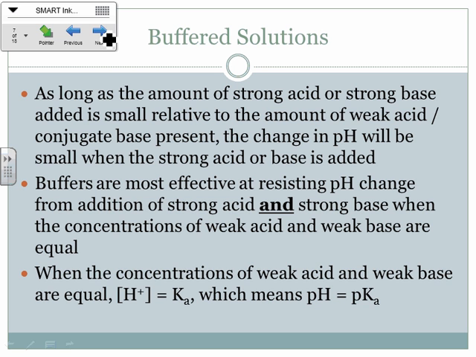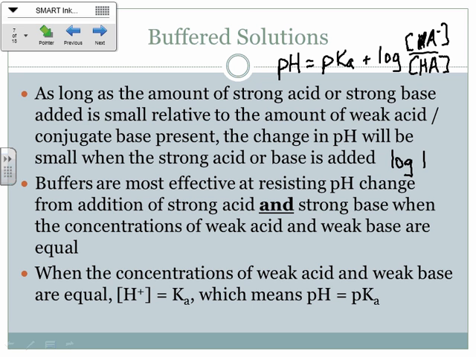So if you think about the Henderson-Hasselbalch equation, if the A minus and HA concentration in a solution are equal to one another, then A minus over HA equals 1.